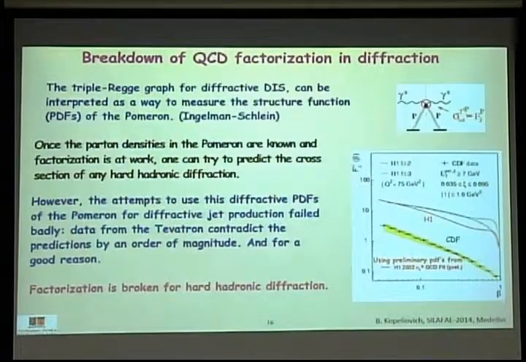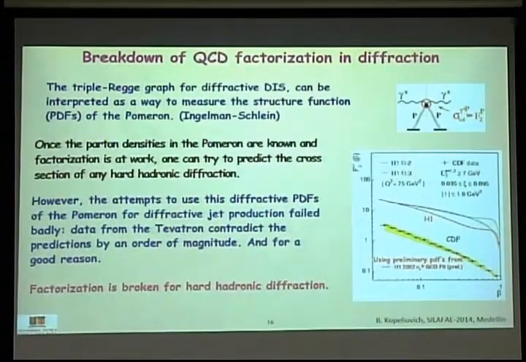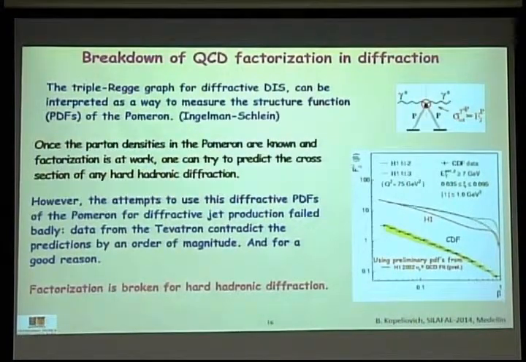And the idea was that one can measure the parton distributions, quarks and gluons, inside the Pomeron, and then go to other reactions, for instance, hadronic diffraction at high energies, where we also have Pomeron exchange. Assuming it's a universal Pomeron, you will get a prediction for diffractive hadronic reactions.